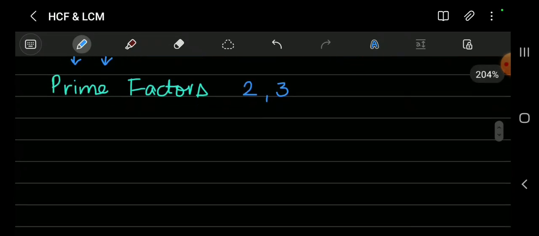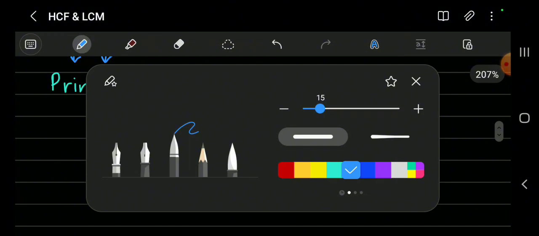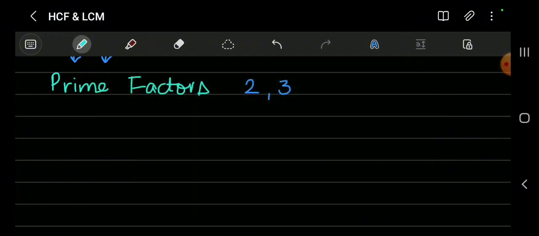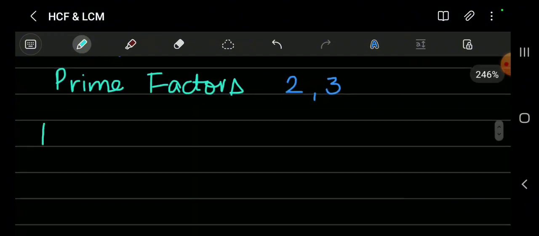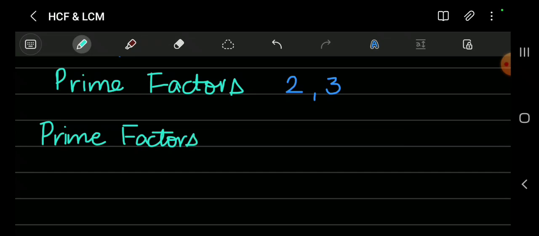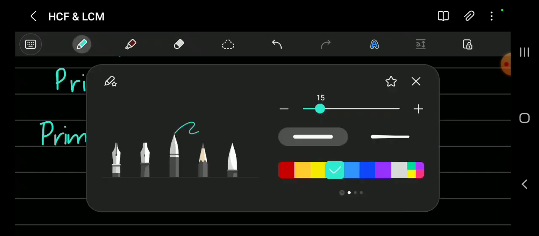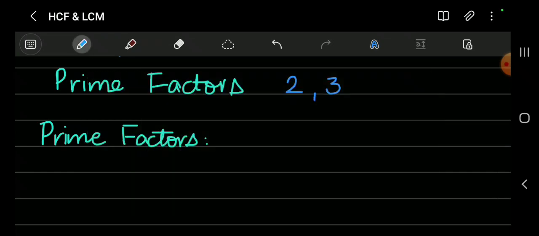So I'm writing a simple definition for your later understanding of what prime factors are.